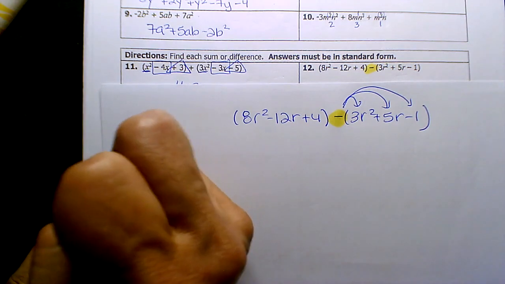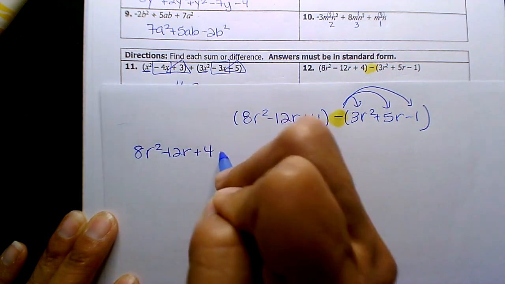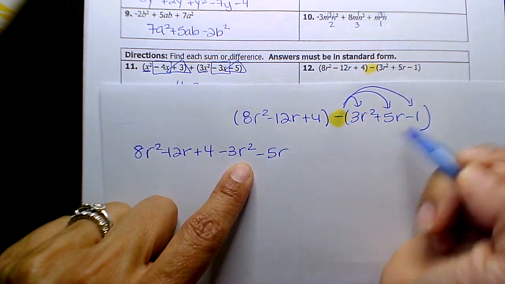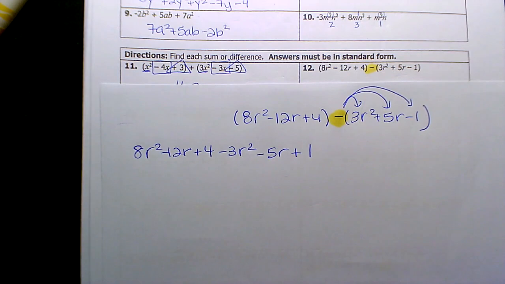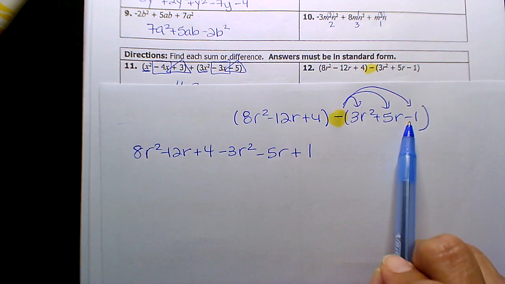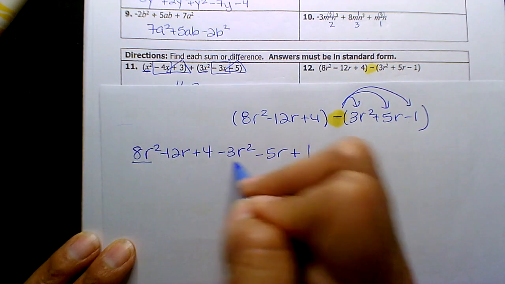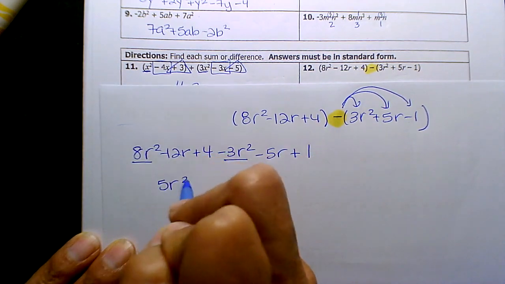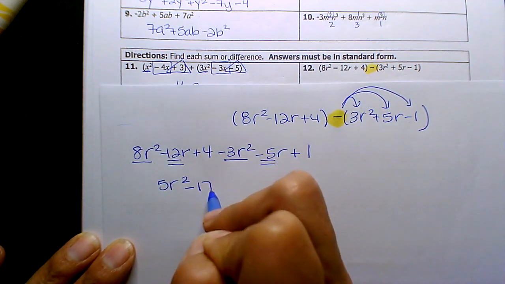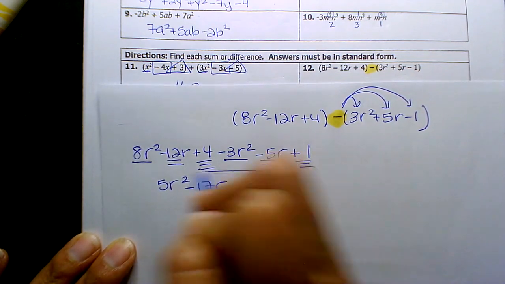So if you want to do the horizontal method, I can just rewrite, and I go minus 3r squared minus 5r plus 1. So it would change negative, negative, positive. It just switches a sign, right? That's it, okay? So now I get 8r squared minus 3 is 5r squared. -12, -5, -17r, 4 plus 1, 5.